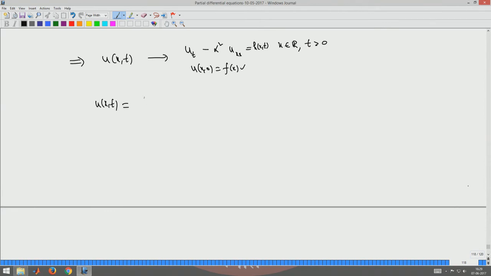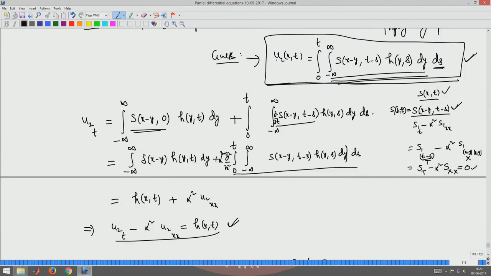So, that is simply the integral from minus infinity to infinity of S of x minus y, t acting on f of y dy. That should be your solution, plus whatever you found as u2.